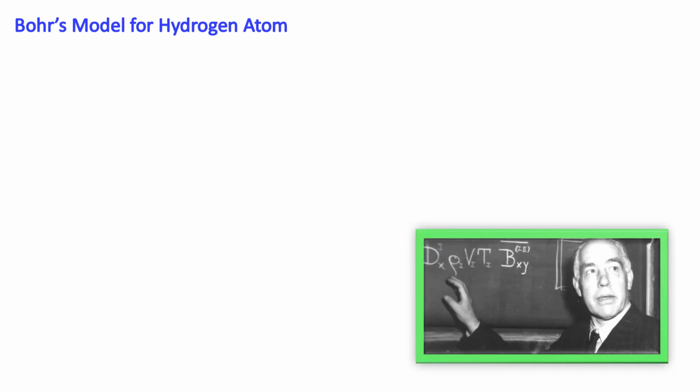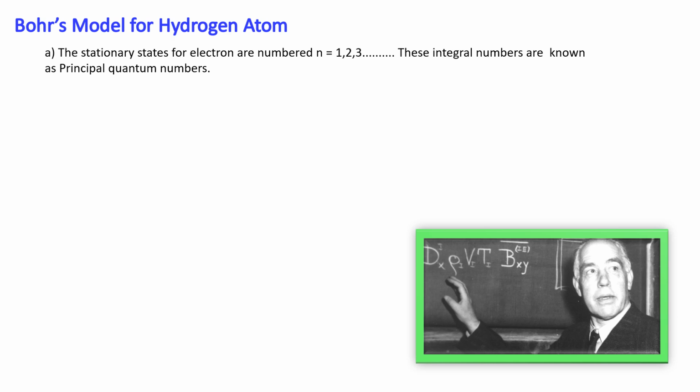Bohr gave numbers to the orbits. These numbers are known as the principal quantum number. He also calculated the radius of the orbits using the formula Rn is equal to n square into A0. For hydrogen atom, A0 is equal to 52.9 picometer.